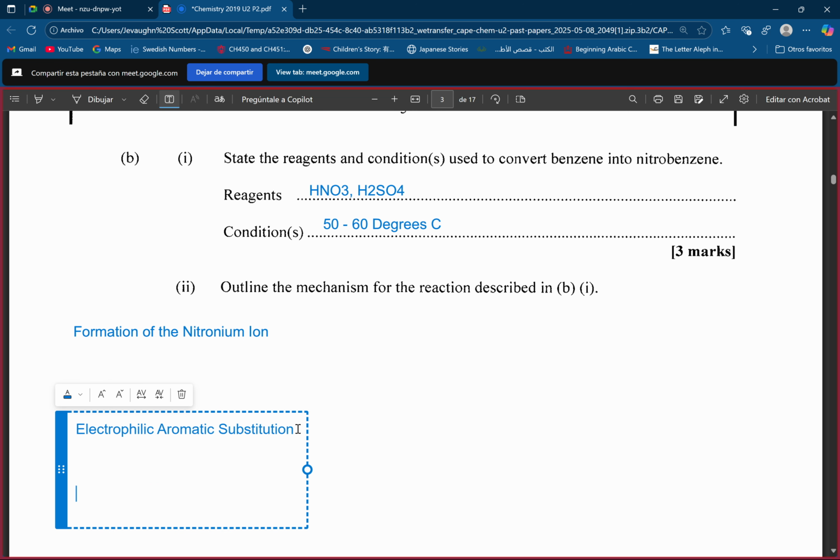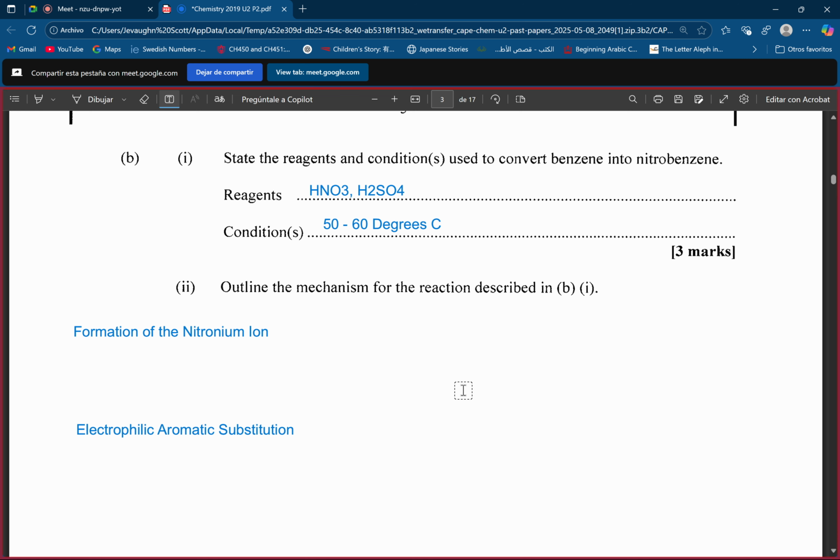Lovely. So I'm just writing down the steps here, and then we just drop the reactions underneath them. Right. So there are three general steps that we're looking at. We are looking at the formation of nitronium ion. We're looking at the electrophilic aromatic substitution, right, with deprotonation and protonation in mind.